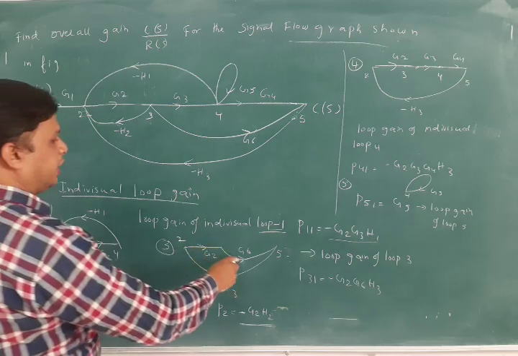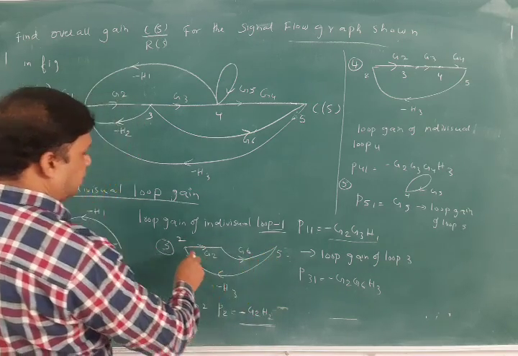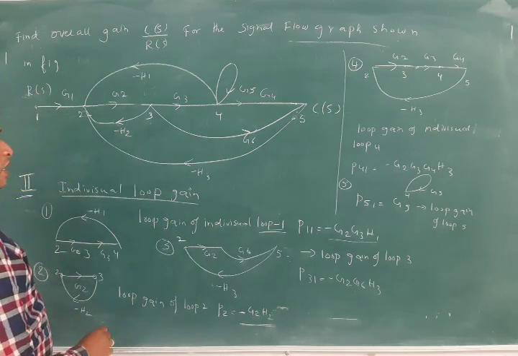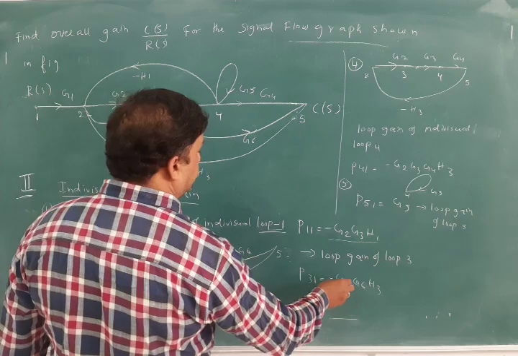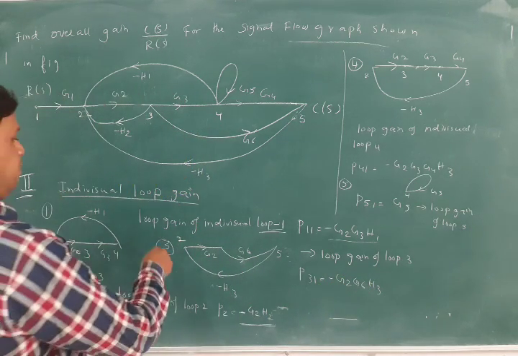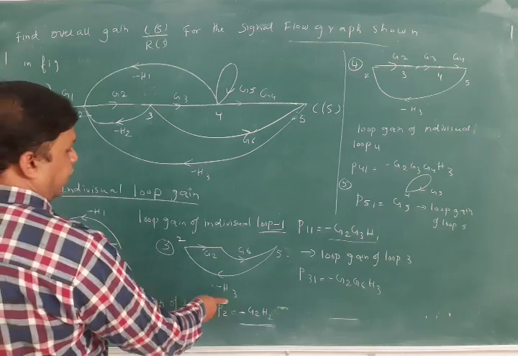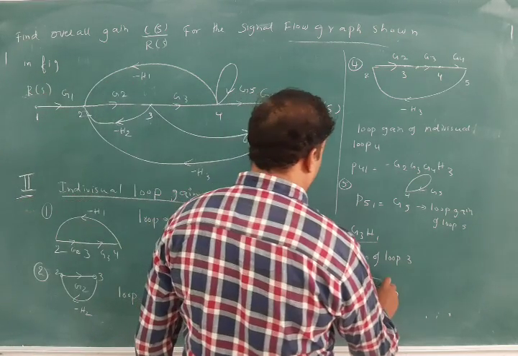The directions go from 2 to 5, forward, and again from 5 in reverse up to 2. So we can write this loop gain as P31 equals minus G2 G6 into H3. The negative sign comes from the negative value of H3. So you are writing the loop gain formula for loop 3.